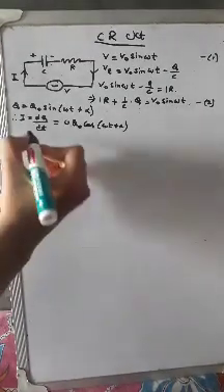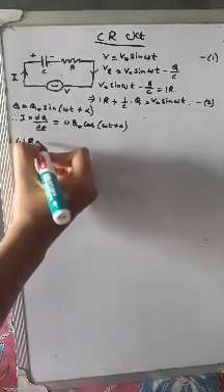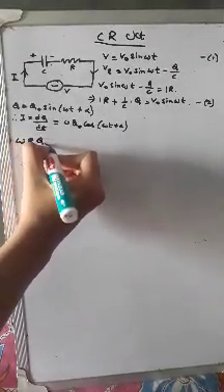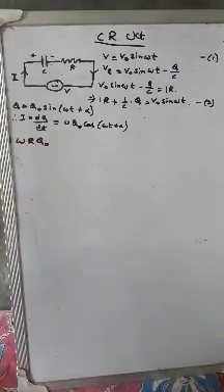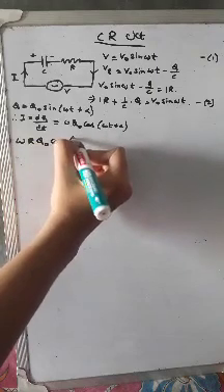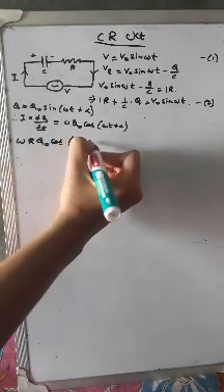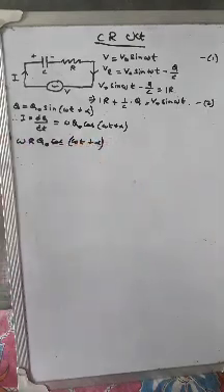I can write it in this way: omega R Q naught cos omega t plus alpha. I will explain what I'm doing here. Don't worry.